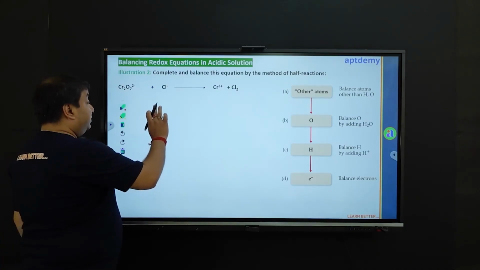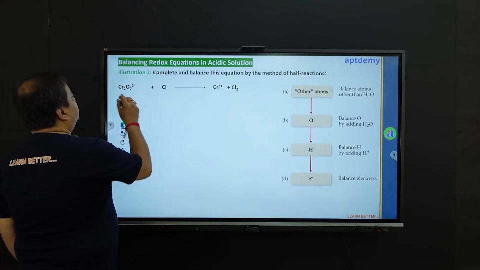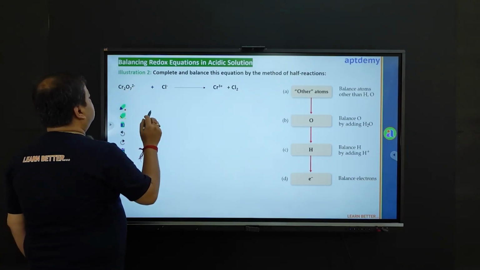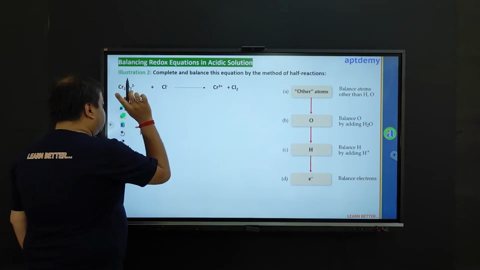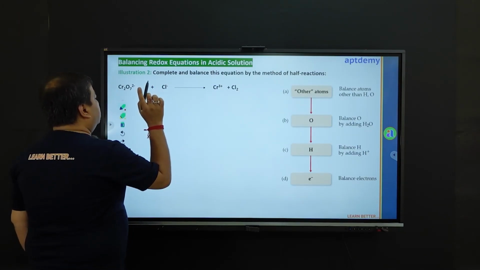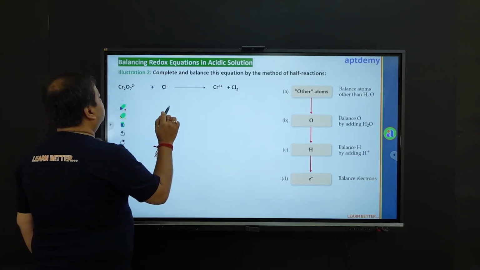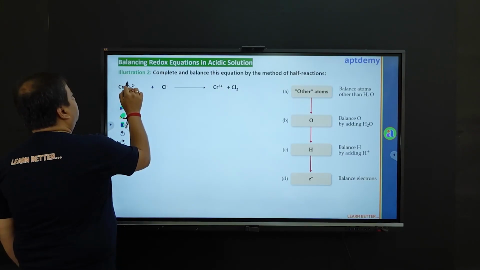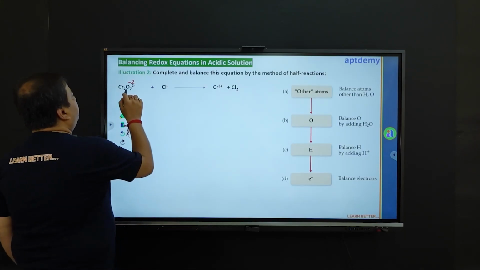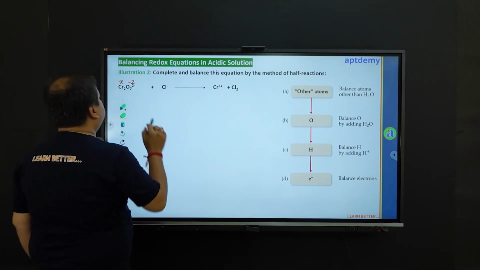So let us first assign these ions or molecules their oxidation numbers. Now for Cr2O7 2 minus, let us recollect whatever we had learned about oxidation number in the chapter of reaction in aqueous solution. There we had learned that to find oxidation numbers, we assign the one we are going to find as x.